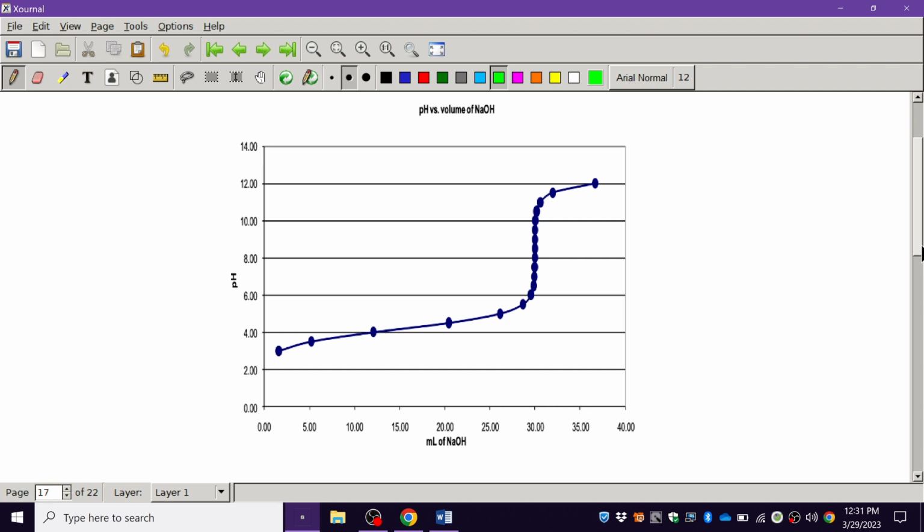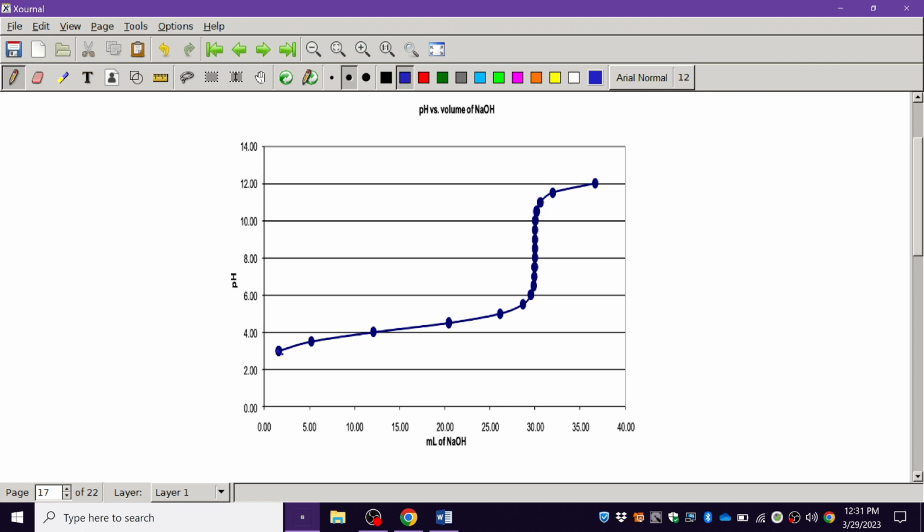In other words, you're going to take a solution of acetic acid and you're going to measure the pH of that solution, and then you're going to add small amounts of sodium hydroxide and see what happens to the pH. You're going to generate a titration curve. And one of your objectives when you do that is to determine the Ka of the weak acid.